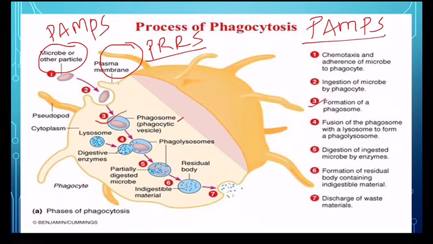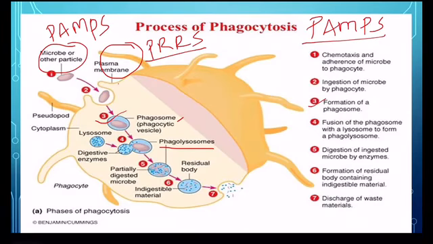Now the phagosome fuses with the lysosomes that are present in these phagocytic cells, and with the granules in the neutrophils, and forms a structure called a phagolysosome.